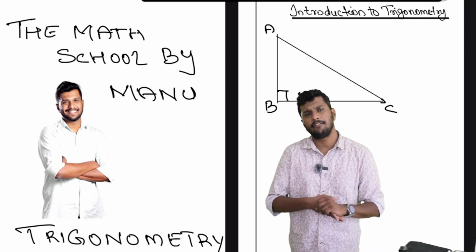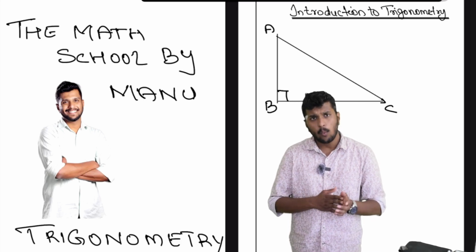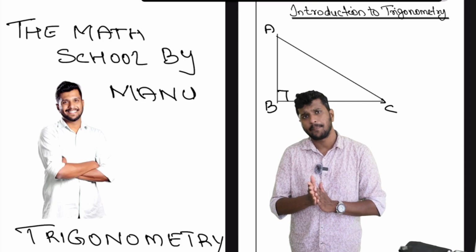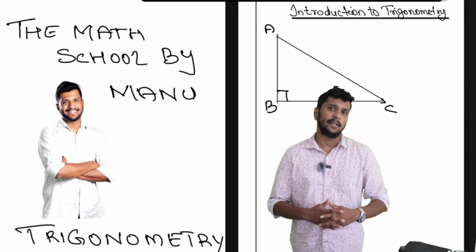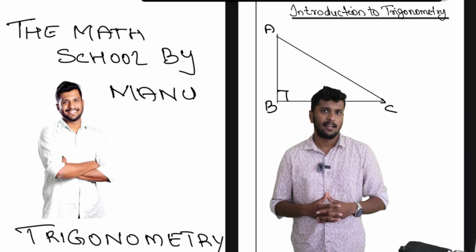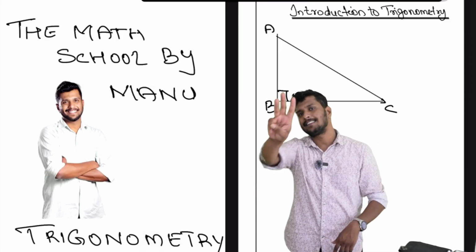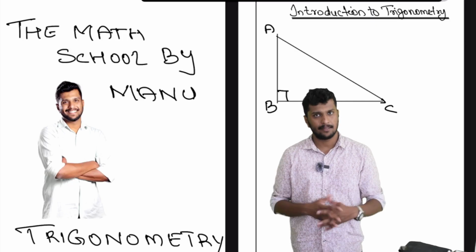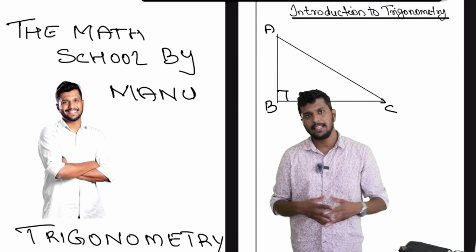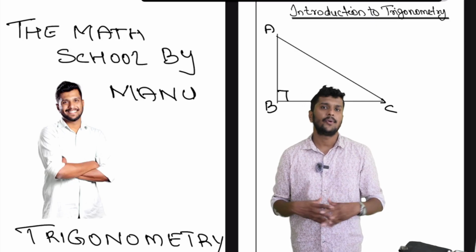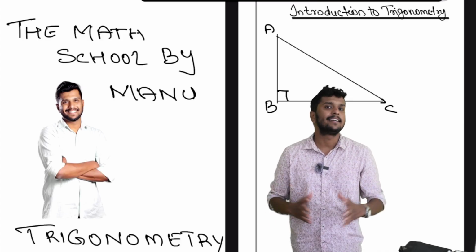Before that, my friends, why do we learn trigonometry? Trigonometry is the study of the relation between the three sides and the three angles of a triangle. But here in your class 10th, you're learning it all about a right triangle.